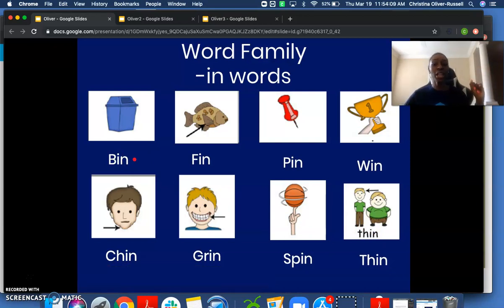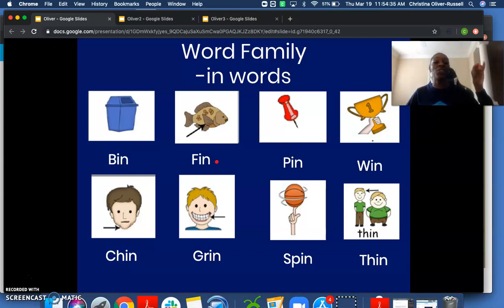The first word is bin, B-I-N, bin. Let's try that one more time. B-I-N, bin. The next word is fin, F-I-N, fin. One more time.